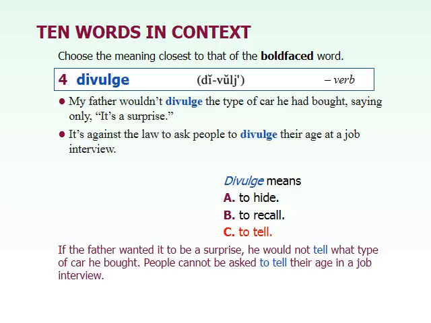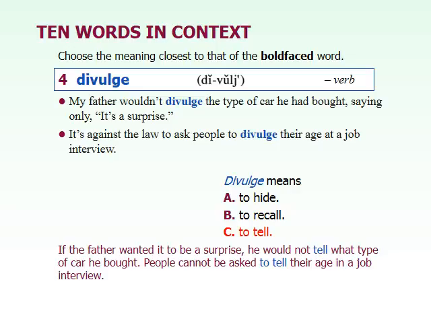In the second example, I don't know if you knew this, but it really is against the law for someone to ask you how old you are when they're interviewing you, because it's against the law to hire someone or not hire someone based on their age. The same way you can't ask if someone is married or whether or not they have children.